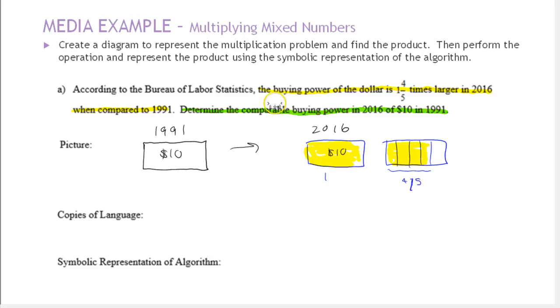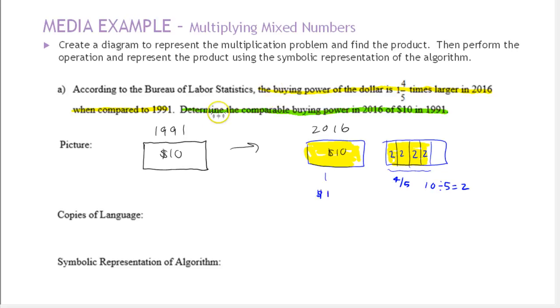Now, if we take the $10 and divide it into 5 equal pieces, we know that each of the 1/5 is $2. And then 4/5 would be 4 copies of the $2, which is $8.